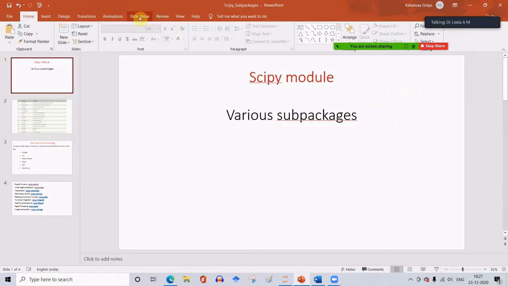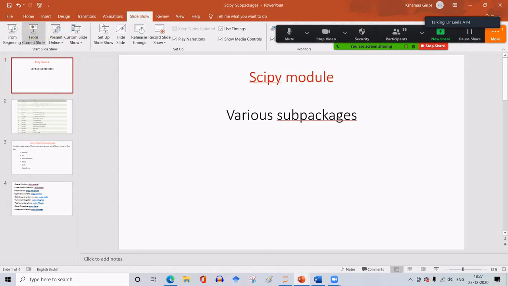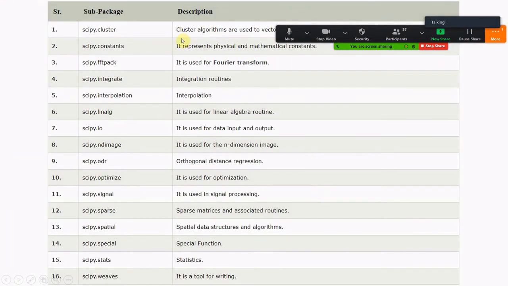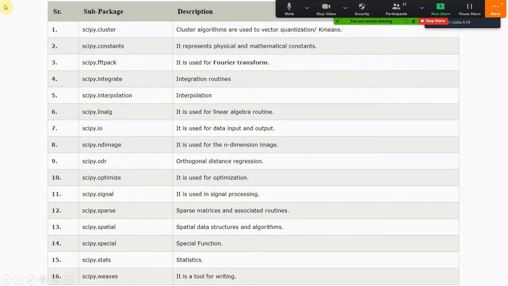So what are those sub packages? These are some of the sub packages which are very important. This is the listing of the sub packages and what each of these do. Some of which you can understand are SciPy FFT pack, which is used for Fourier transform, and for all physical and mathematical constants there is a sub package SciPy dot constants.